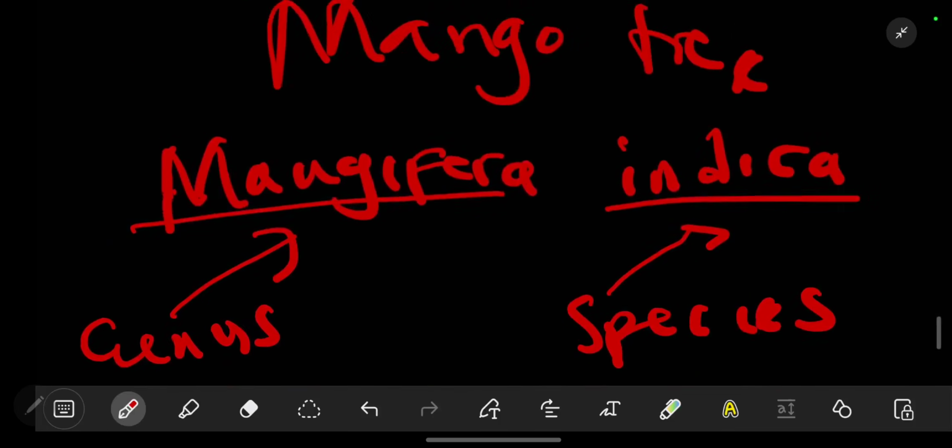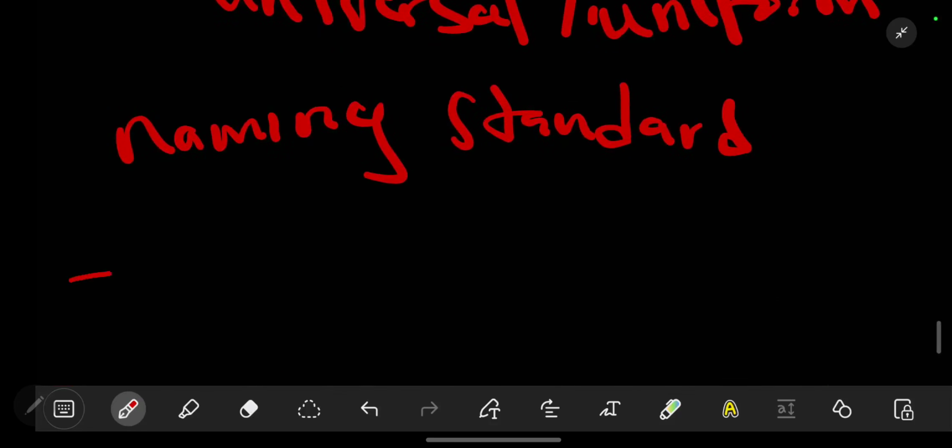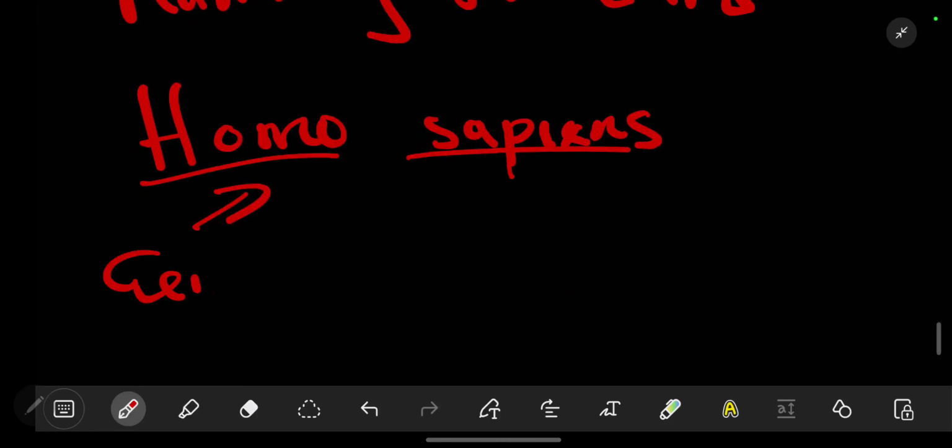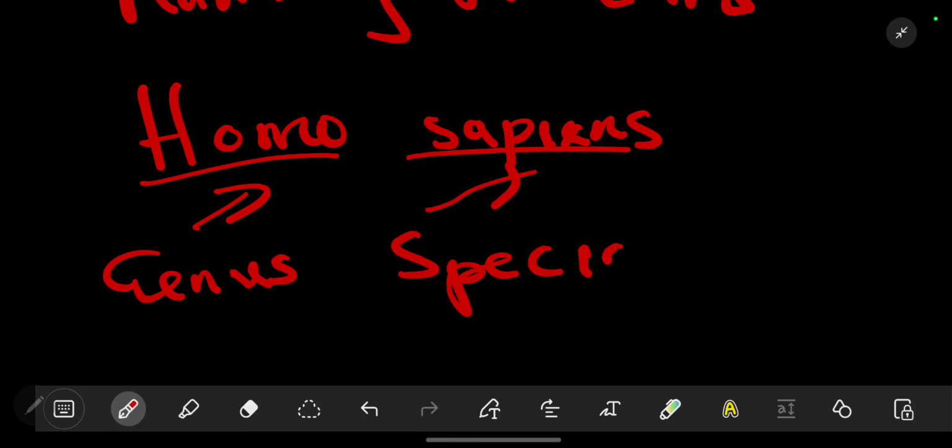If you just talk about Mangifera indica, you are talking about the same organism. Another example is humans. Humans are Homo sapiens, meaning thinking man. This one is the genus, this one is the species.